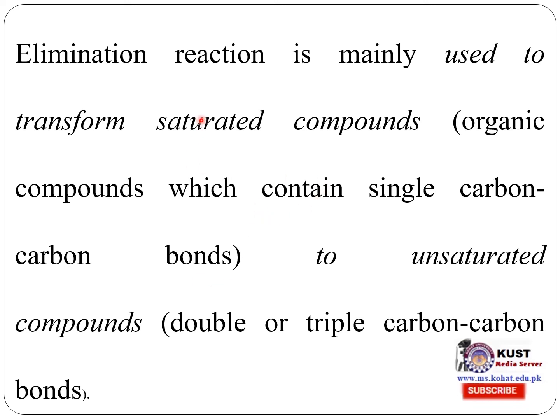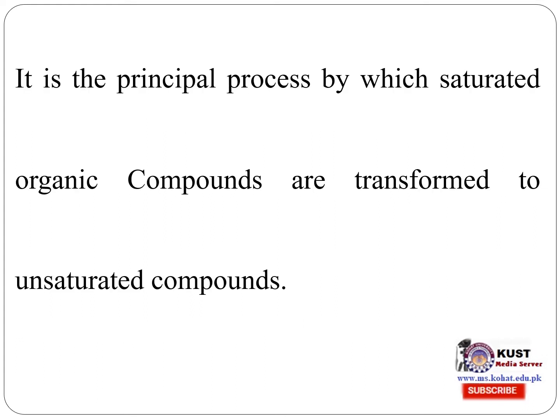What does the elimination reaction basically do? It is used for the transformation of saturated organic compounds to unsaturated compounds, with double or triple bonds. Or we can say that it is a principal process by which saturated organic compounds are transformed to unsaturated organic compounds.